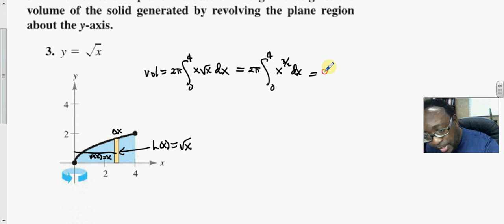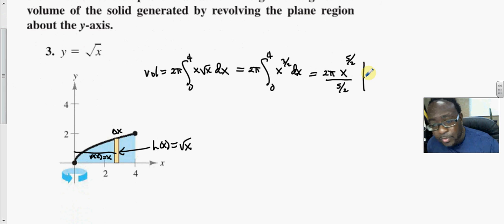We do not hesitate, we integrate. So this is x to the 5/2 all over 5/2. And this is being evaluated from 0 to 4.